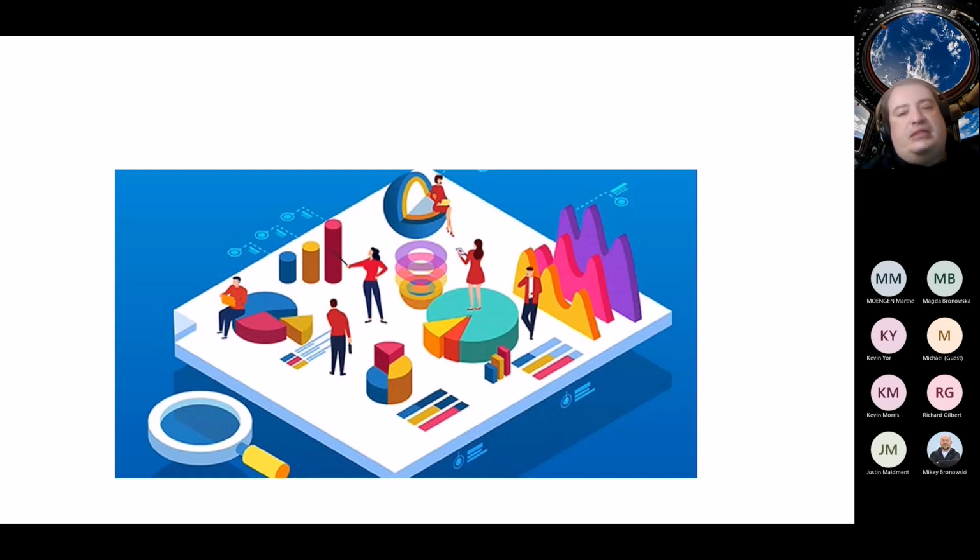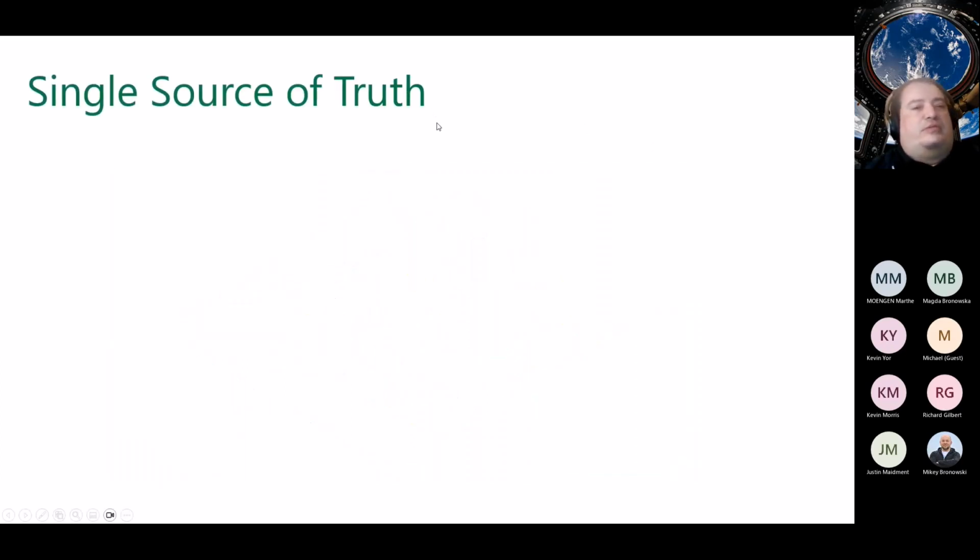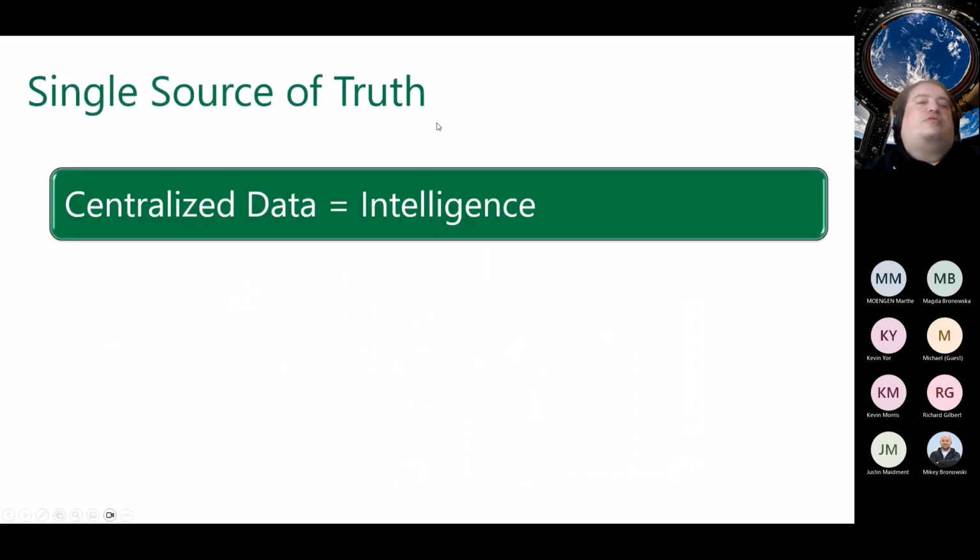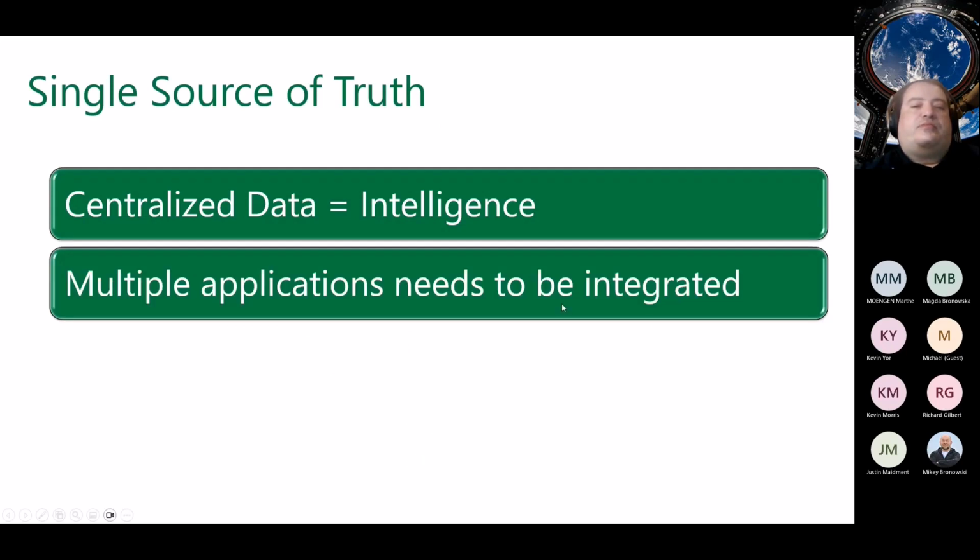So the company needs a single source of truth, a centralized point to hold the information for the company and be able to use this centralized source as a source for analytical data and reporting. So the single source of truth, centralized data for data intelligence.